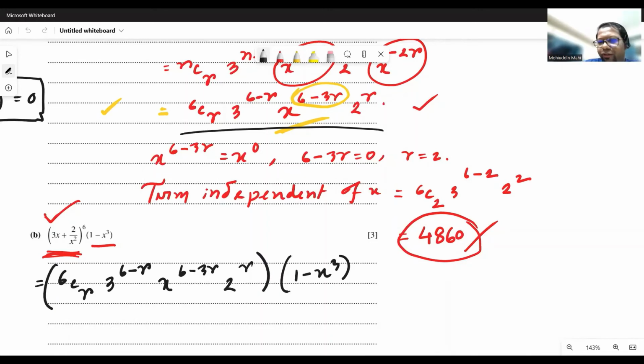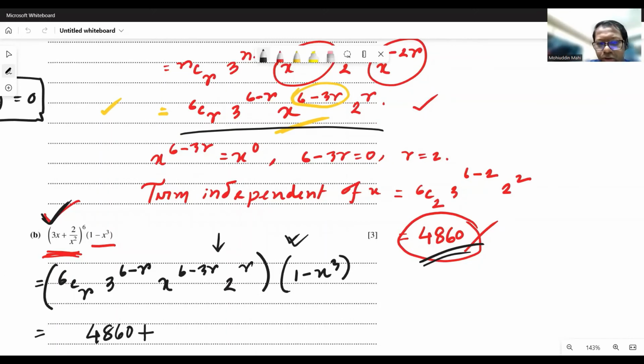Now, as we already have 4860 as the term independent of x for this expression, if that 4860 is multiplied by 1, then it will still remain a term independent of x.